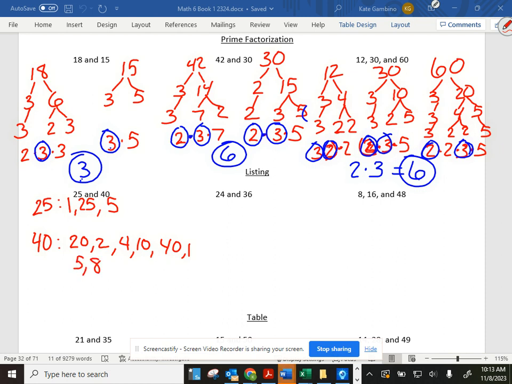So what gets hard with the listing method is sometimes it's easy to forget a factor buddy pairing. So if we're doing the listing, we have to make sure that we list every single pairing.